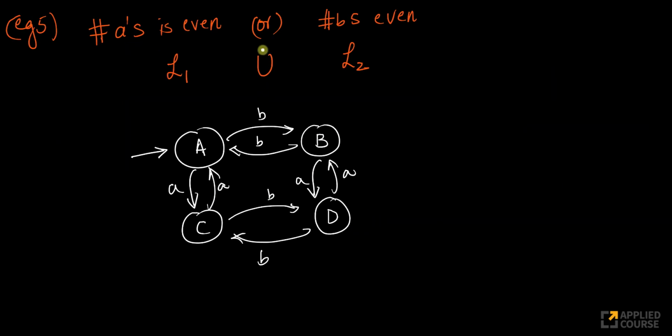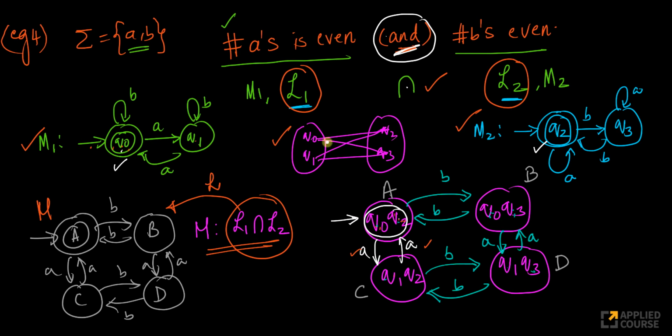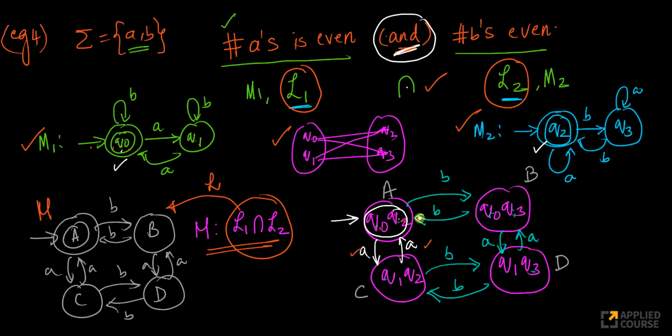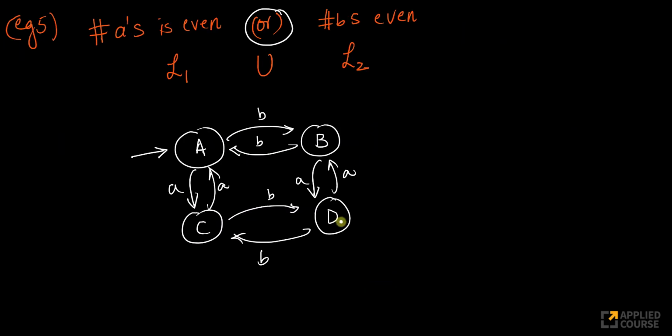In the case of union, we'll say it has to contain either Q0 or Q2, because logically this is a logical OR. So of these 4 states, which states contain Q0 or Q2? State A contains Q0 or Q2, B contains Q0 or Q2, C contains Q0 or Q2, D does not contain. So I'll make this final state, this final state, and this final state.